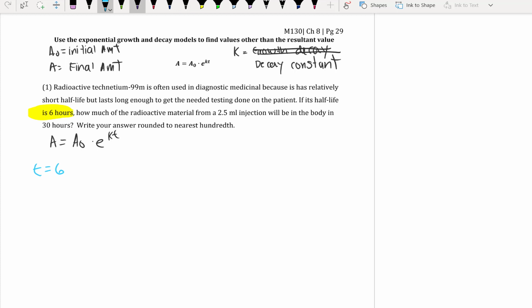And your initial amount, how much of the radioactive material from my 2.5 ml injection will be in the body in 30 hours. So here, that's going to be your A naught, which is 2.5. And your final amount is what you're trying to figure out. What is going to be your final amount? But there's something particular that they gave us. They gave us that the half-life is 6 hours.